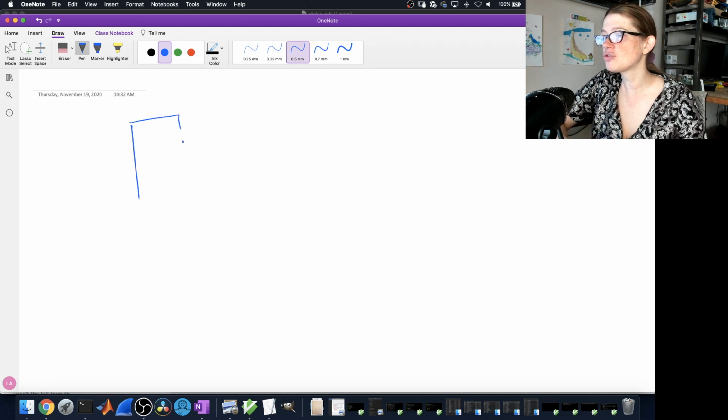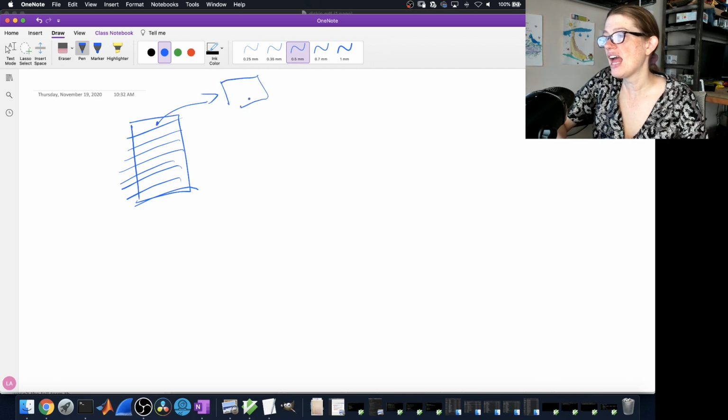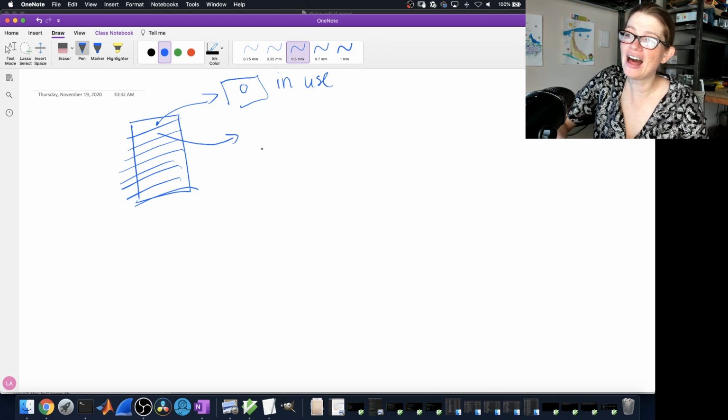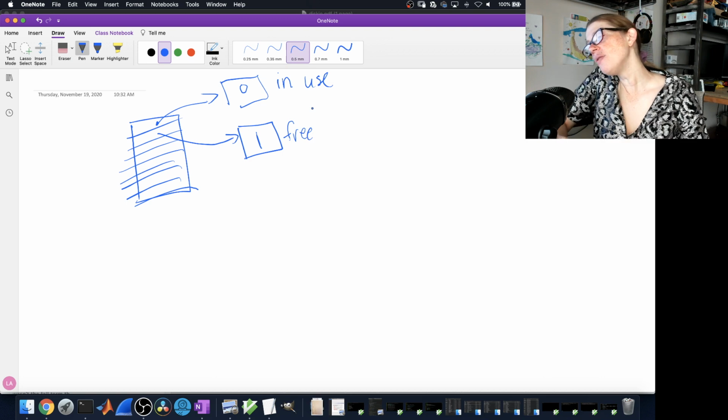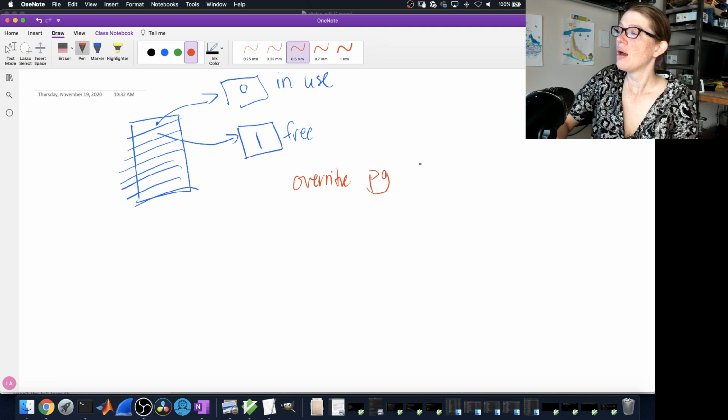And it's going to keep track, and this could actually be supported by the operating system as well, of all the pages and whether they are in use. Because remember, on an SSD, one is free. And what's going to happen is, let's say we want to overwrite page 0x4.